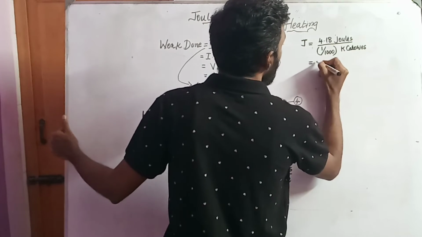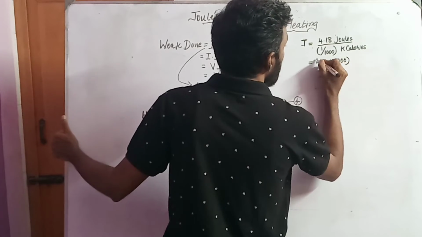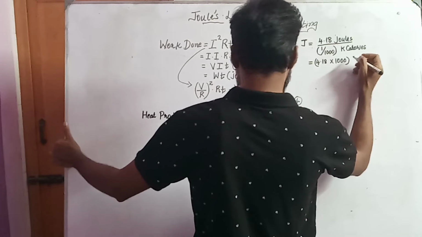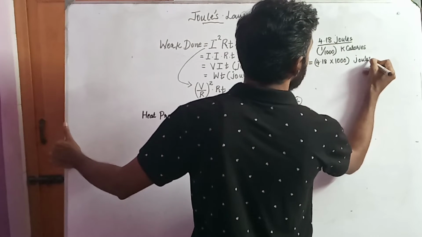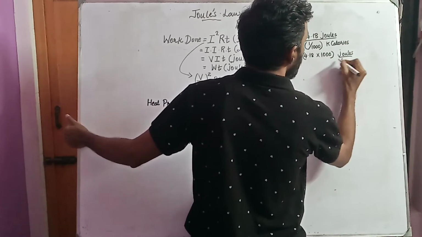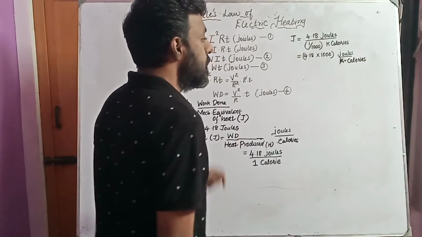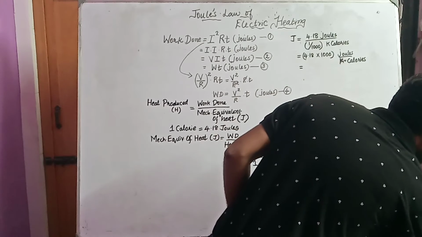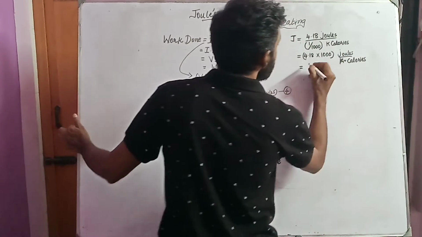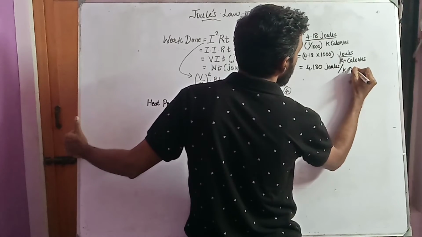So this is nothing but 4.18 into 1000 joules per kilocalories. 4.18 into 1000 will be 4180, which is equal to 4180 joules per kilocalories.